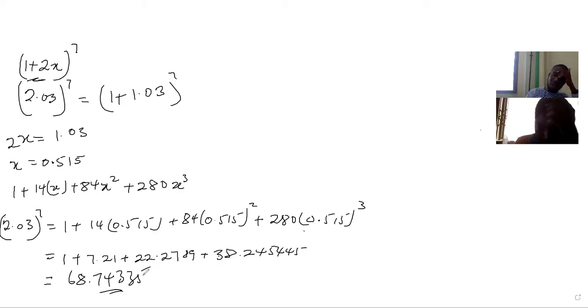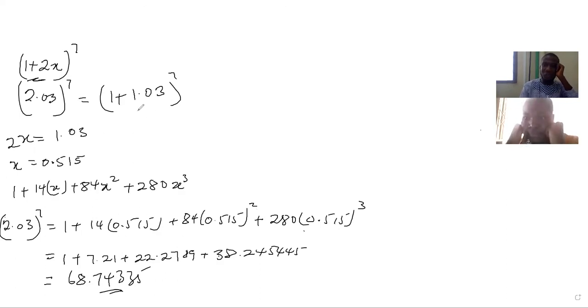Which is not equal to our answer, right? So this is the conclusion we'll reach: anytime you are working it, you have to make sure this one is 0 point something.